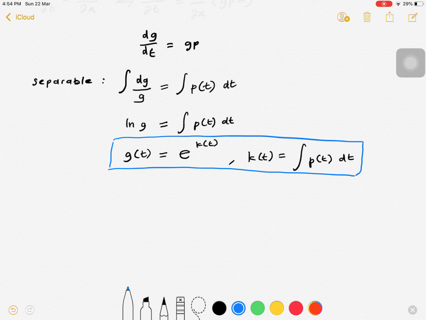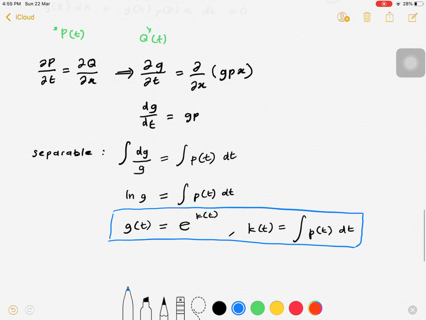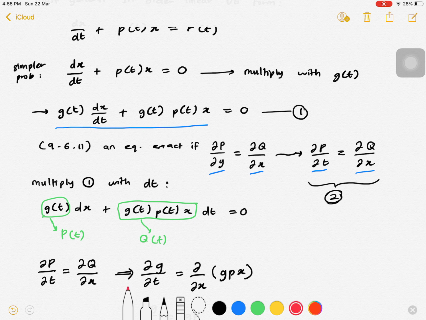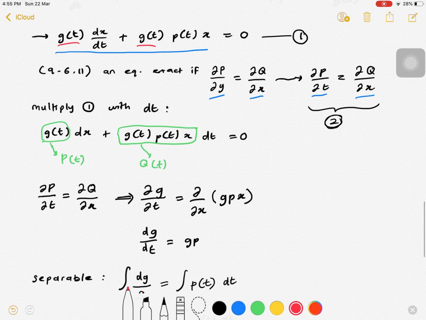Have we finished? Not yet. So now, since we know what G is, before I forget, G is the integrating factor. Okay, when we put G inside equation 1, equation 1 right here, we have G right here.